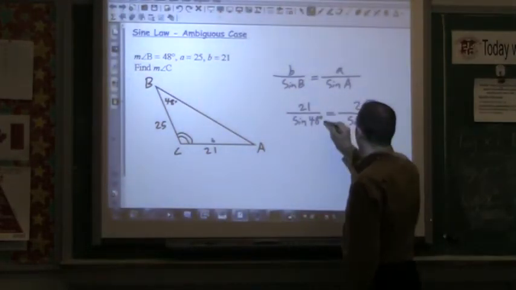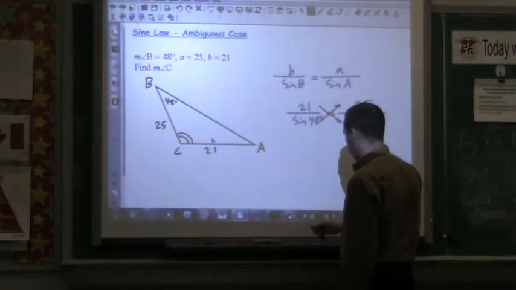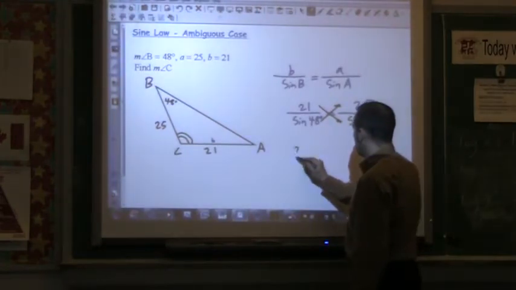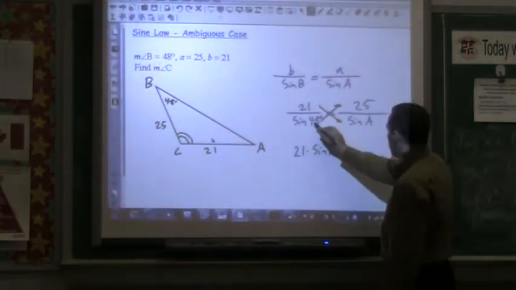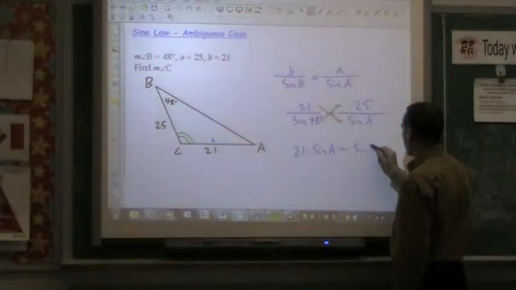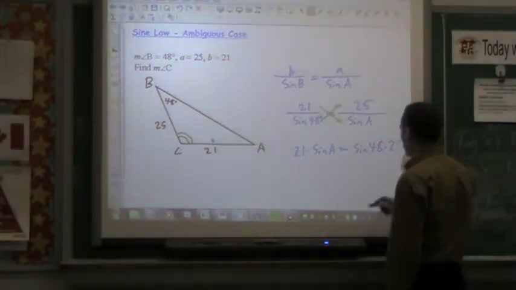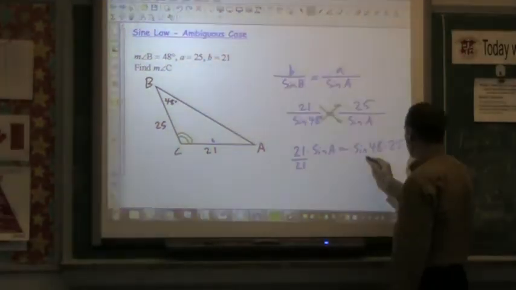We cross multiply. So I get 21 times the sine of A is equal to sine 48 times 25. So solving for sine A, I have to divide both sides by 21.